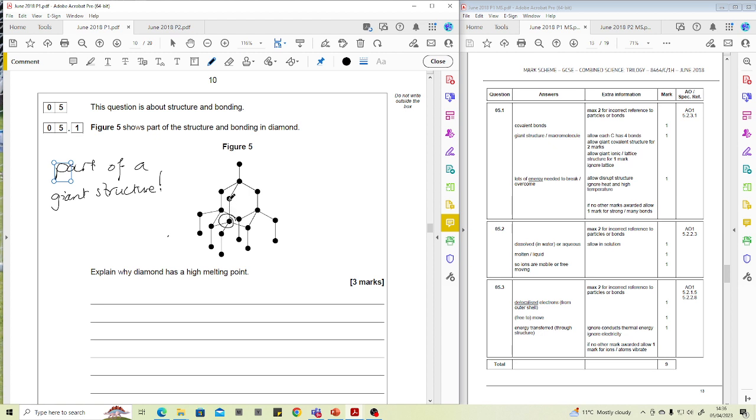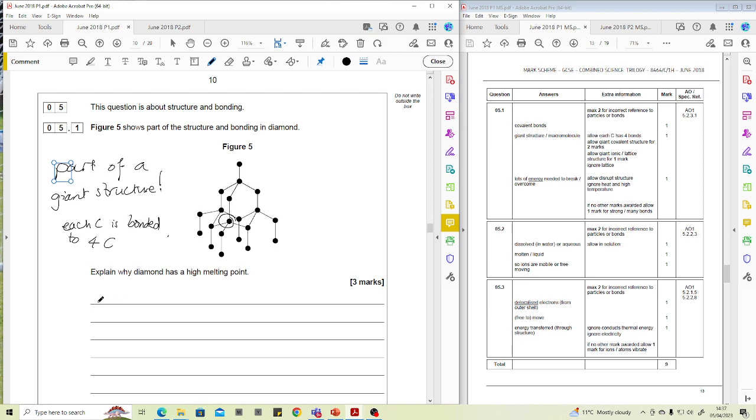So let's count. We've got 1, 2, 3, 4. So each C is bonded to 4 C's. Okay, and it's got sticks, but that doesn't always help us. But it's a good sign that it's covalent, so we know it's giant.